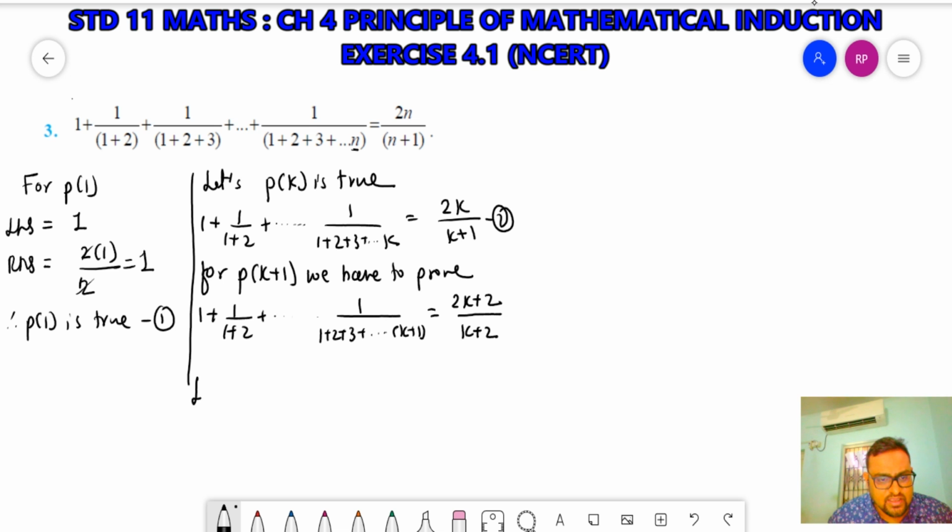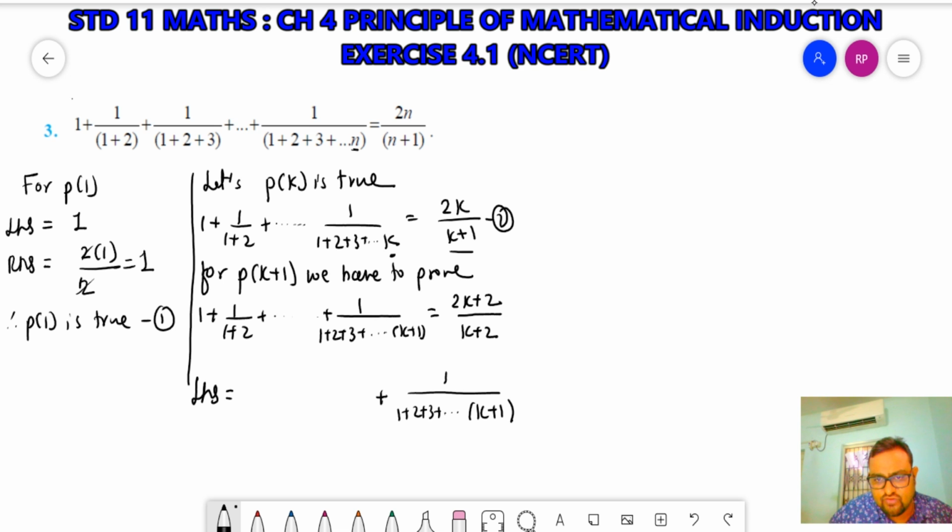Now let's take LHS. We will take shortcut. This term will be as it is, plus 1 upon 1 plus 2 plus 3 up to k plus 1. And before that it will be 1 upon 1 plus 2 up to 1 upon 1 plus 2 plus 3 up to k.